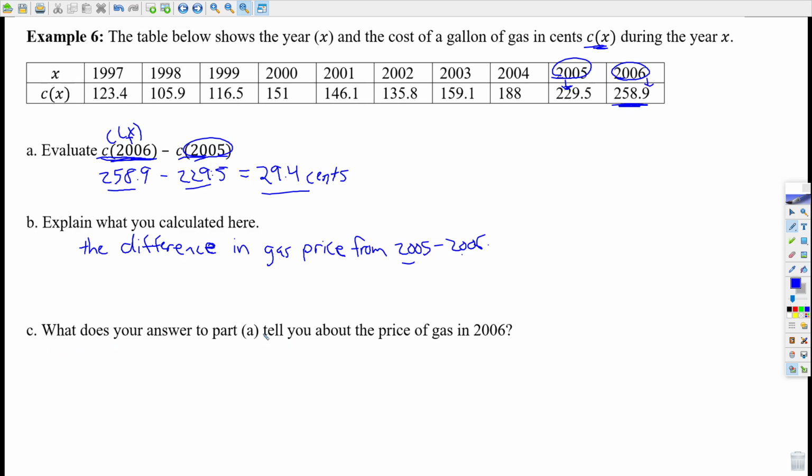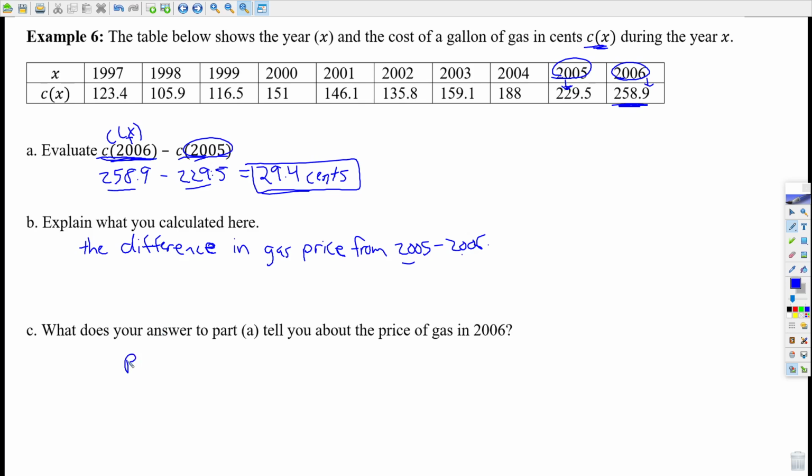Part C, what does your answer to part A, the answer we got here, tell you about the price of gas in 2006? So what happened when we went from 2005 to 2006? We can say specifically that the gas price went up. It increased because we got a positive number, and it went up by almost 30 cents per gallon.